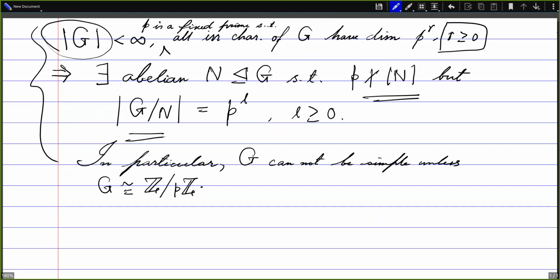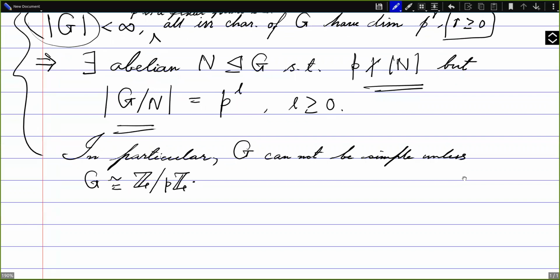Now, in order to reduce the order of G, there are two standard ways. The first way is to pass to factor groups, that is, factor by some non-trivial subgroup, so that the order becomes less than the order of G and we can use the induction hypothesis.